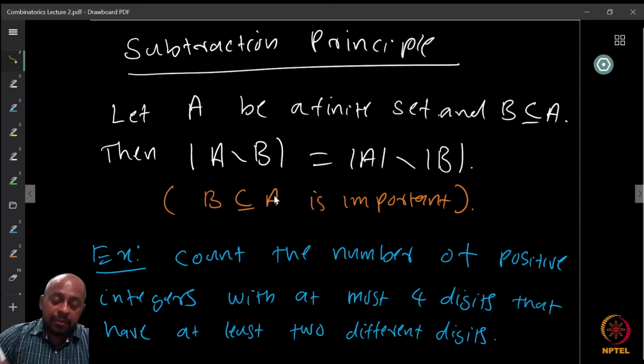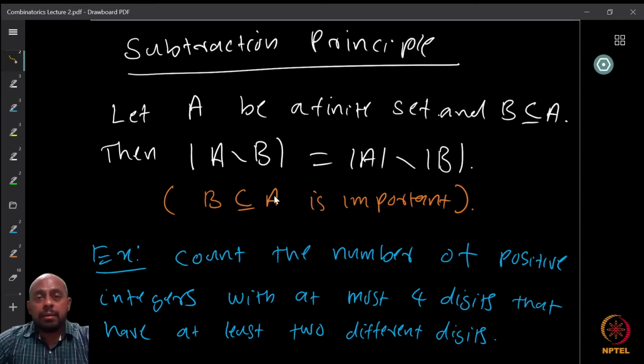But B being a subset of A is very important. If B is not a subset of A, this principle cannot be directly applied. So here is an example. Let us count the number of positive integers with at most 4 digits that have at least 2 different digits.